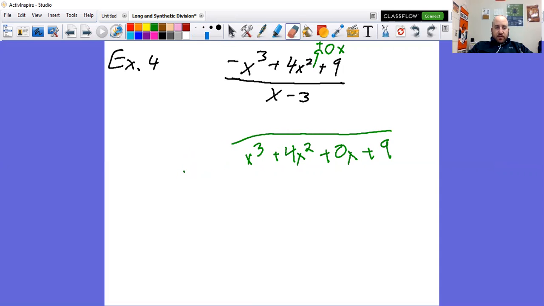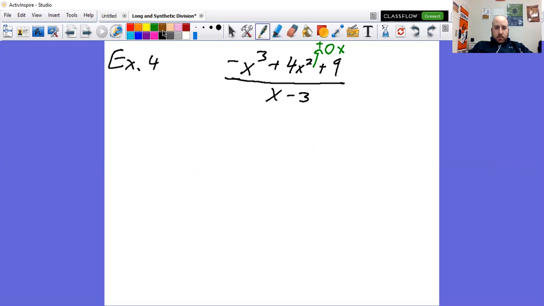Okay, for synthetic division, again, we're looking at those coefficients, okay? So -x cubed, again, it's like still like that invisible 1 out there.